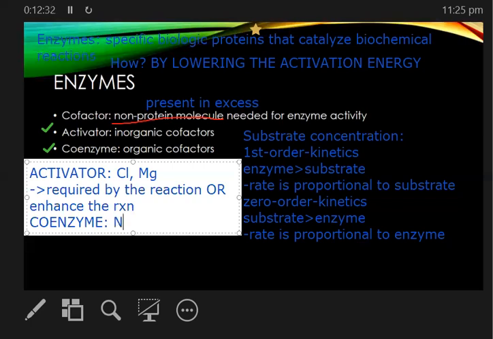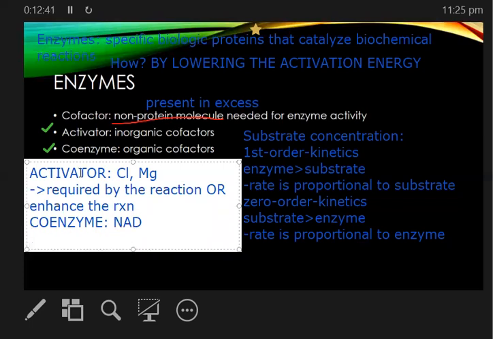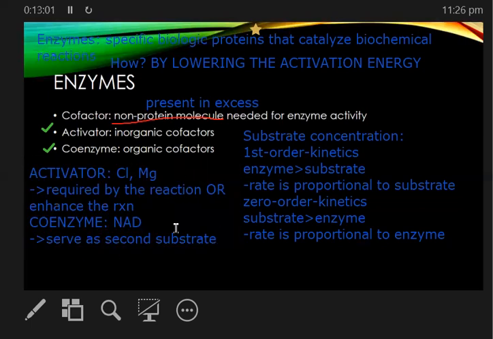Another very common coenzyme that is utilized in our reactions is nicotinamide adenine dinucleotide. Organic cofactors or coenzymes usually serve as the second substrate in the reaction.